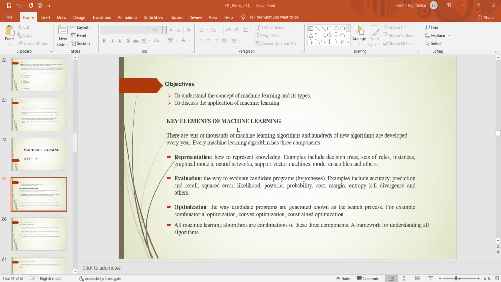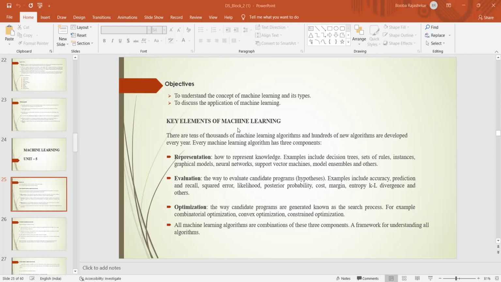Evaluation. The way to evaluate candidate programs, for example, is accuracy, precision and recall, squared error, likelihood, posterior probability, cost, margin, entropy, KL divergence, and others. The next one is optimization.